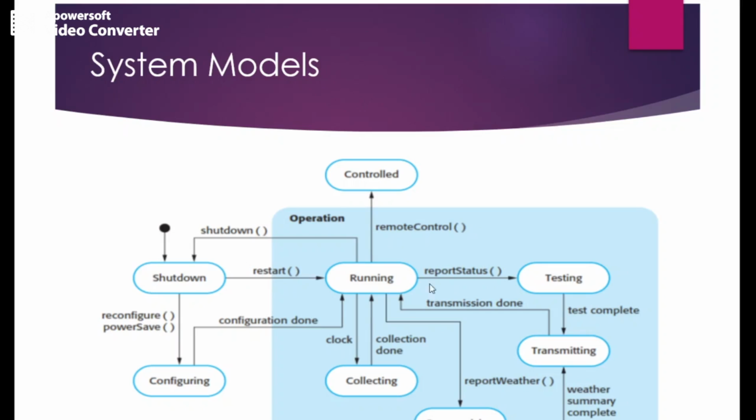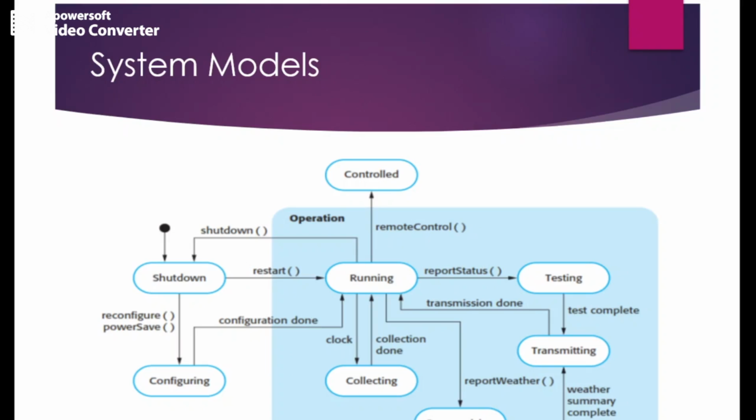Okay. So you have to note that this black blob indicates the initial state. So what are these? Shutdown, control, running, testing, transmitting, collecting, summarizing, configuring. All these are the different states of your system.